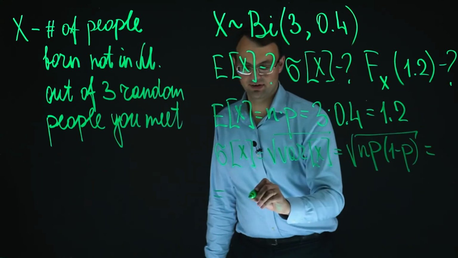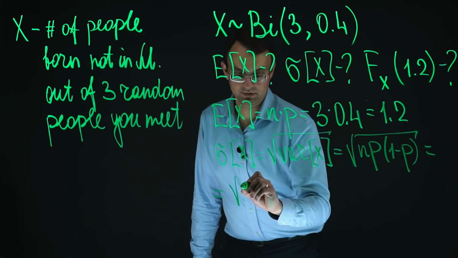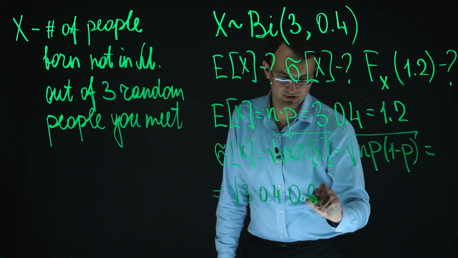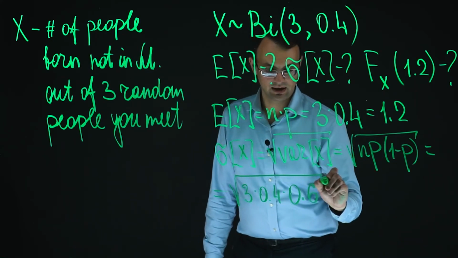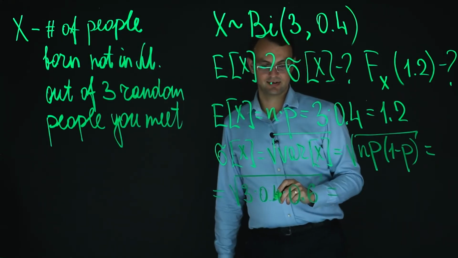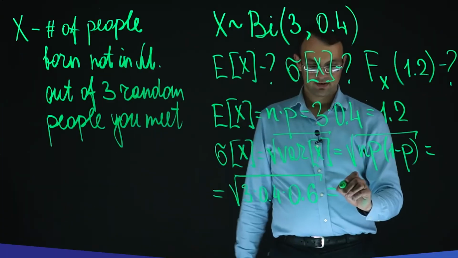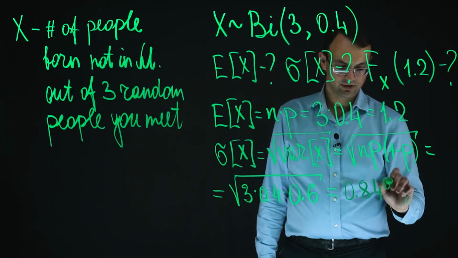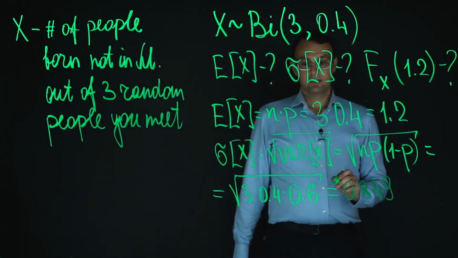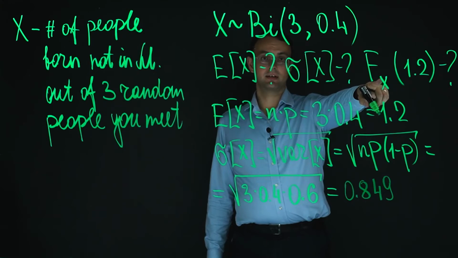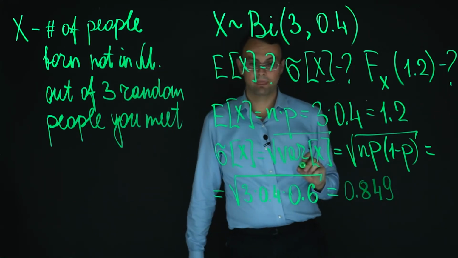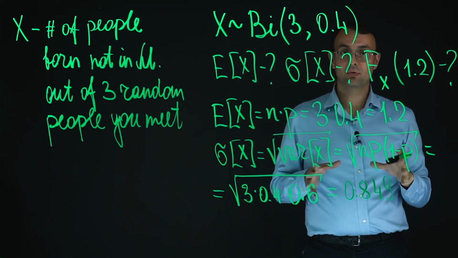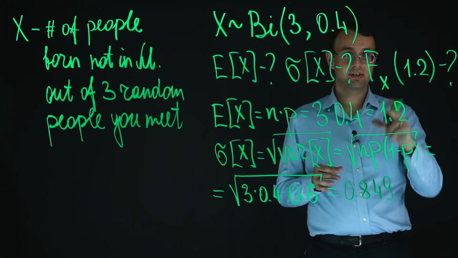So in our case, this is 3 times 0.4 times 0.6, and this is approximately 0.849.